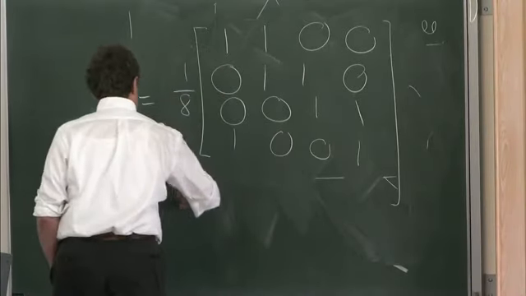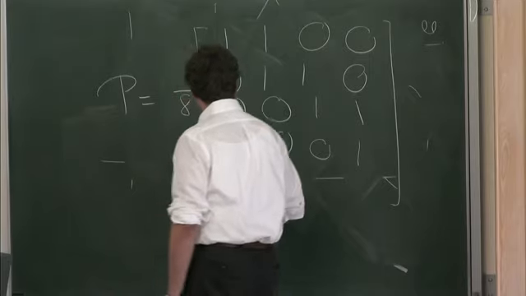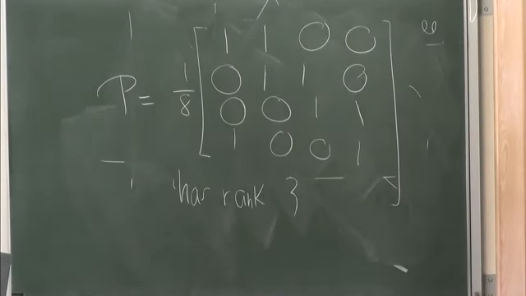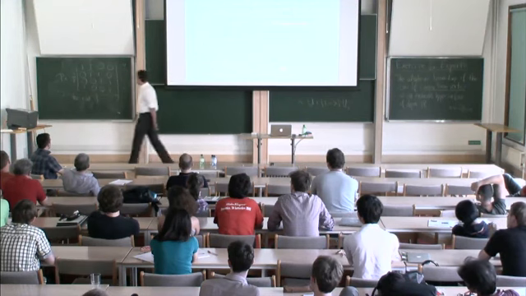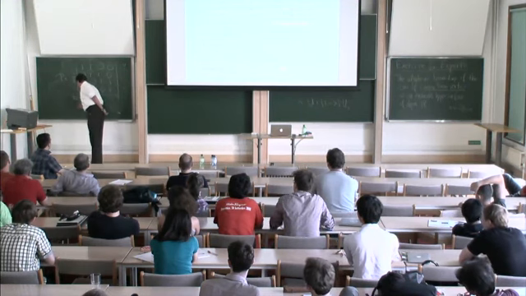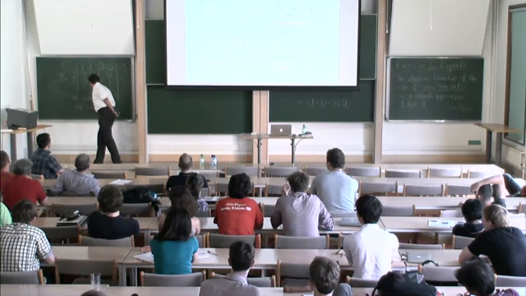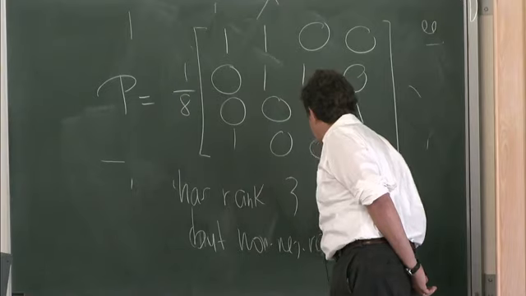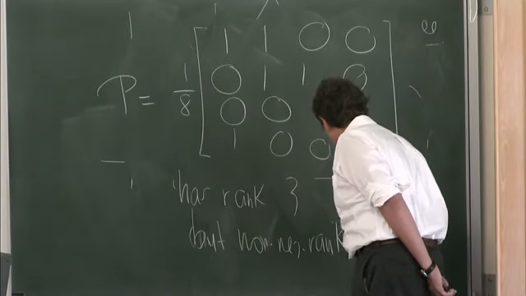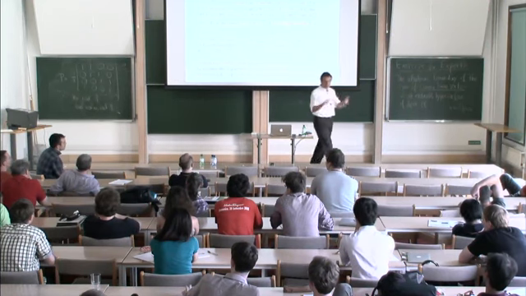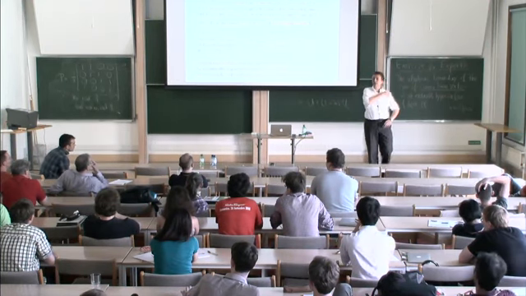This is a non-negative matrix of rank 3, because the vector 1, minus 1, 1, minus 1 is in the kernel. But the non-negative rank is 4. If you decompose this as a 4 by 3 matrix times a 3 by 4 matrix, no matter how you do it, you're going to pick up some negative entries.